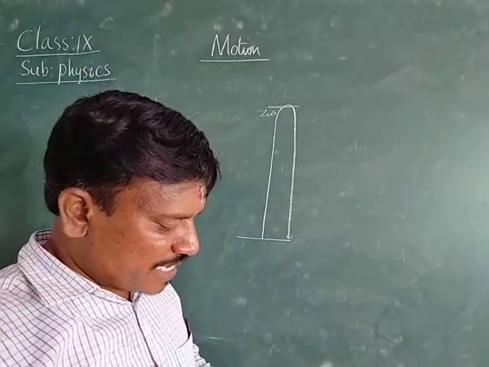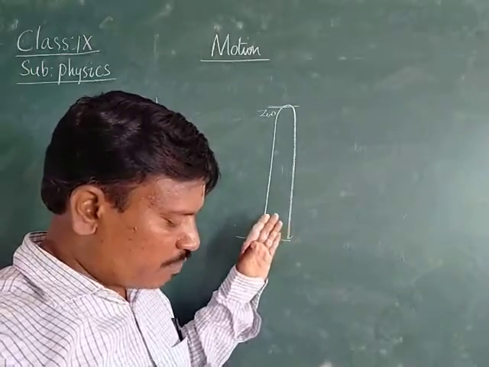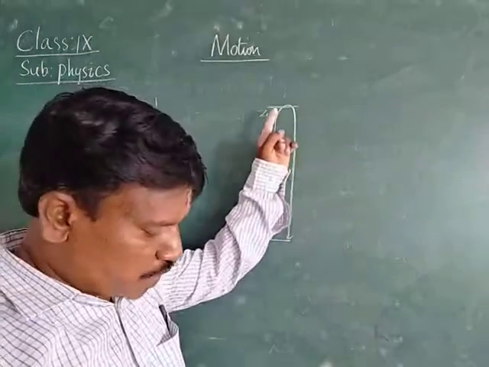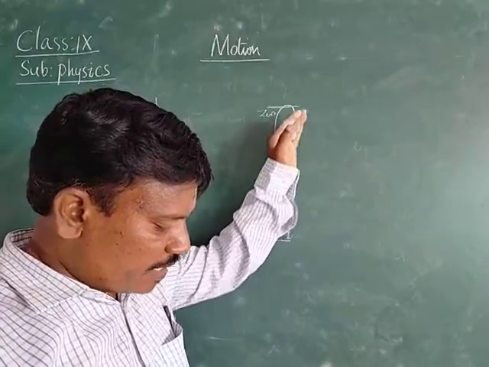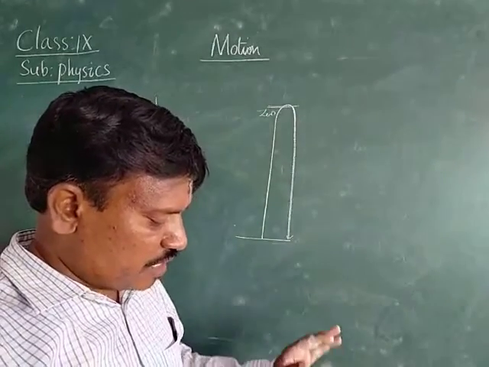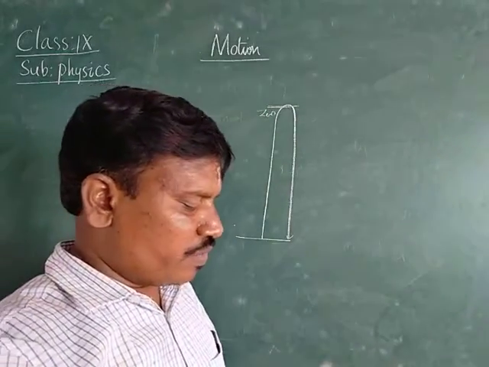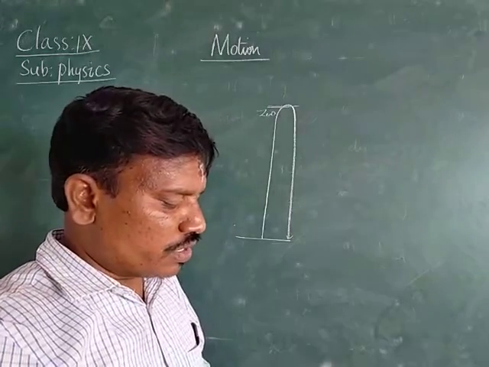Okay. If there exists an acceleration of a body at a point where its speed becomes 0 for an instant, then the body returns in the same direction of acceleration and moves continuously. Okay. This is the note.